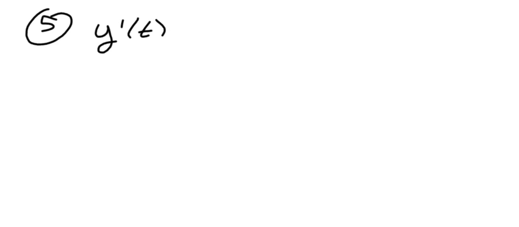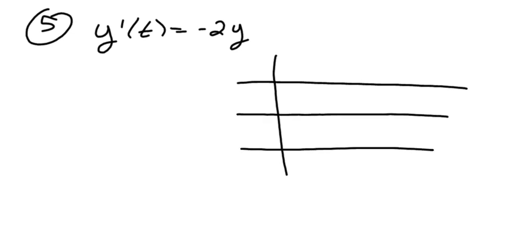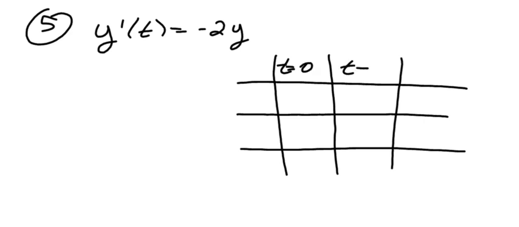So I'm going to start with number 5. We're given y prime is equal to negative 2y. So the basic thing is, this problem in the book gives us a chart to start with. And they said, okay, we're not going to do a full coordinate grid, but maybe we could do it for when t equals 0, t equals 1, and t equals 2.